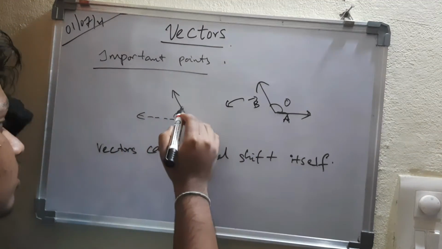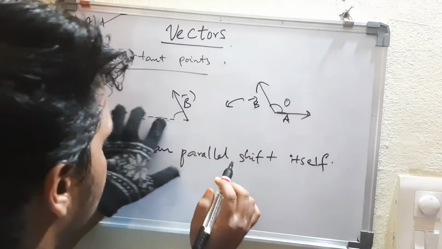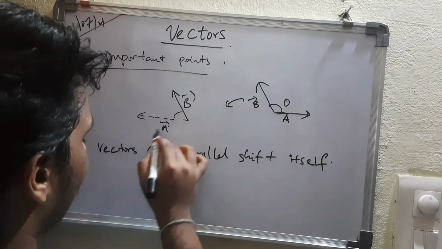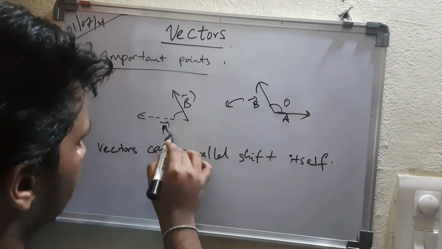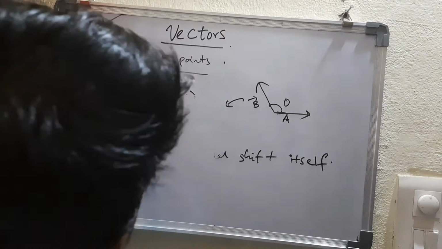So this is called parallel shifting of vectors. This point comes in every part of the lesson, so this needs to be remembered, okay.